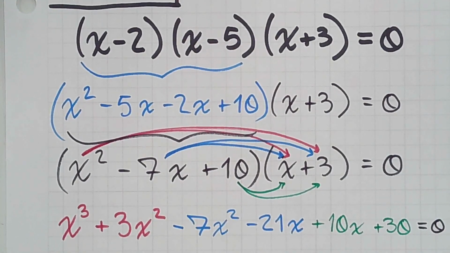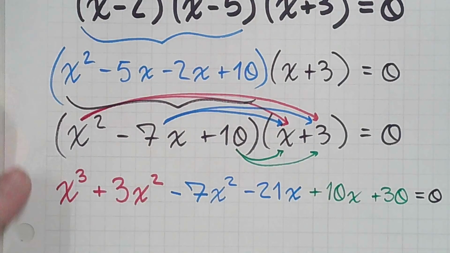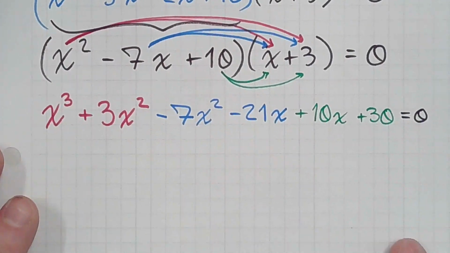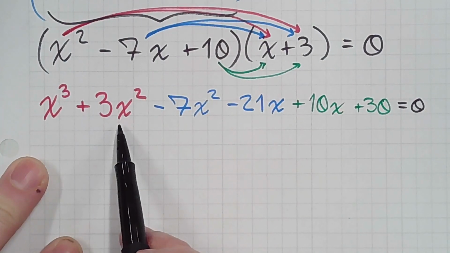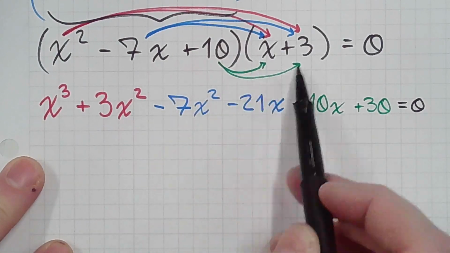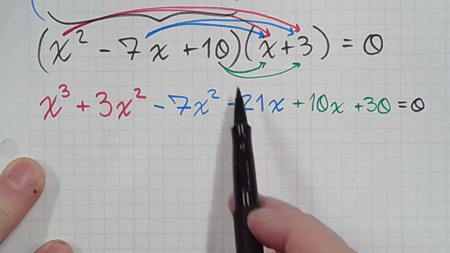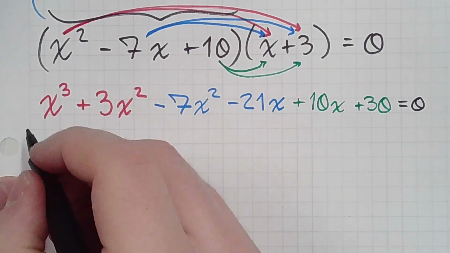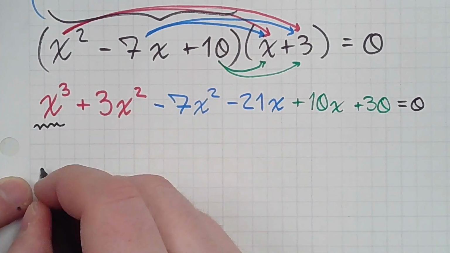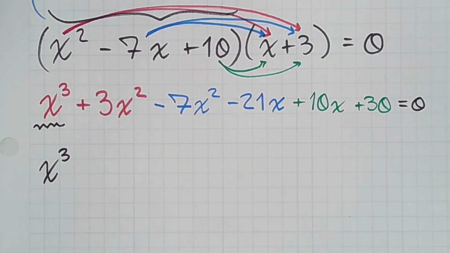There we go. I'll combine like terms. Now, unfortunately, my color coding was for those arrows. So you can see that the x squared went to 2 things, got this. The negative 7x went to 2 things and got this. And the 10 went to 2 things and got this. So we're going to have to actually look and see which things are like terms. Well, there's only one x cubed, right? So we have an x cubed.